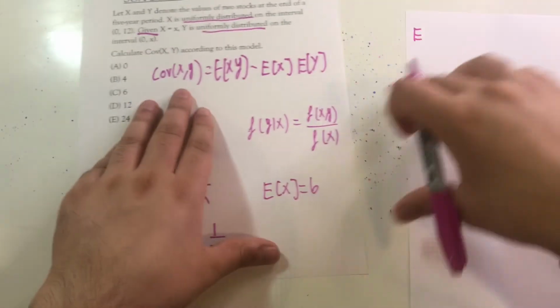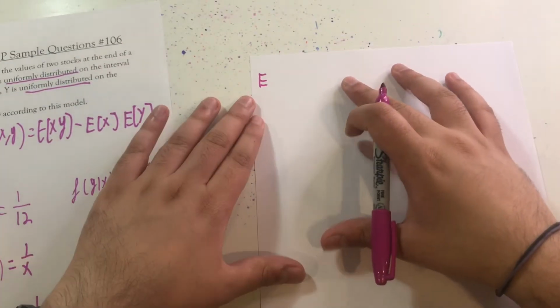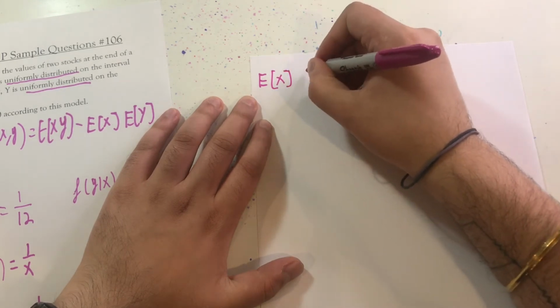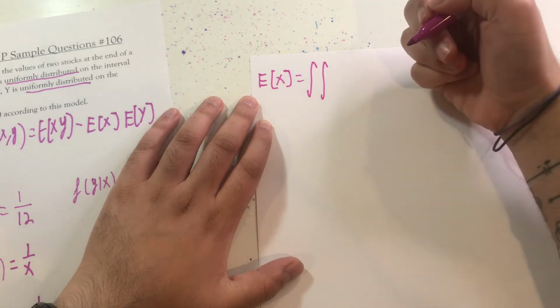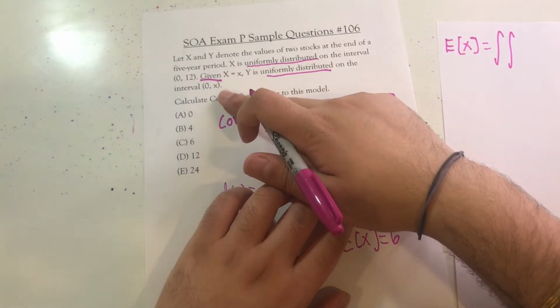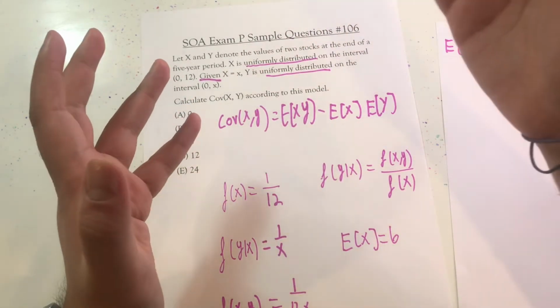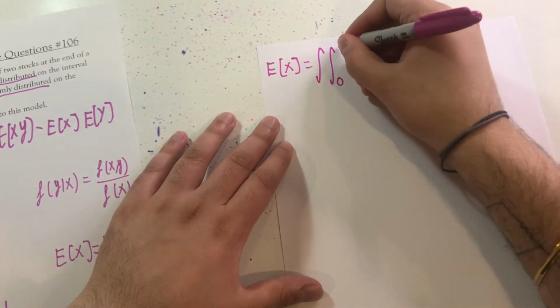Because this might be something you don't initially see, especially in a testing environment, right? The stress of the exam and all that. So the expected value of X is equal to a couple of integrals. And what are my bounds of integration? Well, because Y depends on X, that interval contains x, I want that to be my inner integral. So 0 to x.